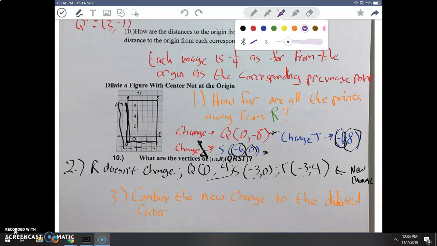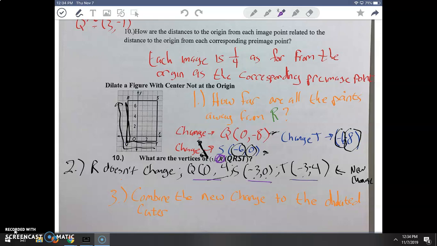The dilation center is this second portion of the vertices that I just circled in purple here. So we're going to apply each one of these to the R that I circled, and that's going to be our new Q, new S, and new T.